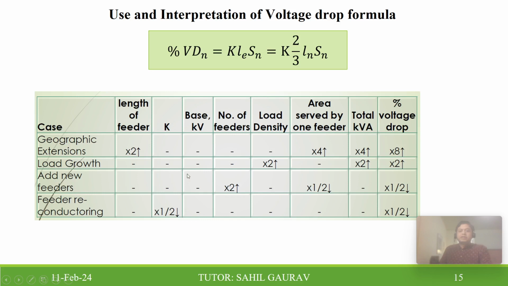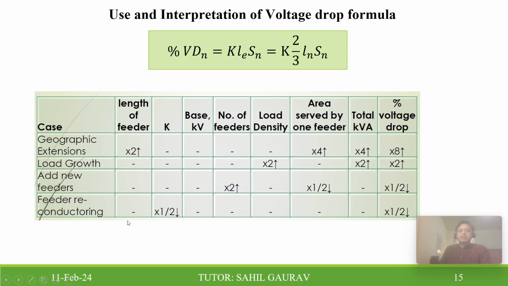And for the load growth, if load density gets double, then total kVA gets double and the percentage voltage drop also gets doubled. And when we are adding new feeders, if the number of feeders gets double, then the area served by one feeder will be reduced to half and percentage voltage drop will be reduced to half.